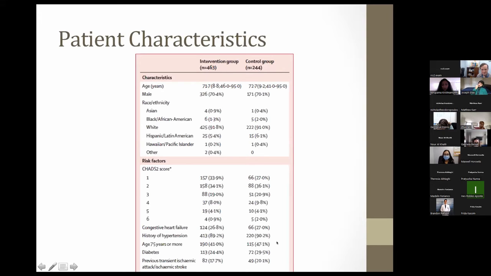If you look at the rates of heart failure, hypertension, diabetes, previous ischemic strokes, they all seem to be just a little bit higher in the control group. Unfortunately, we don't have a p-value for the difference between these characteristics, so we really cannot tell if it's statistically significant, but that's something to keep a note of.